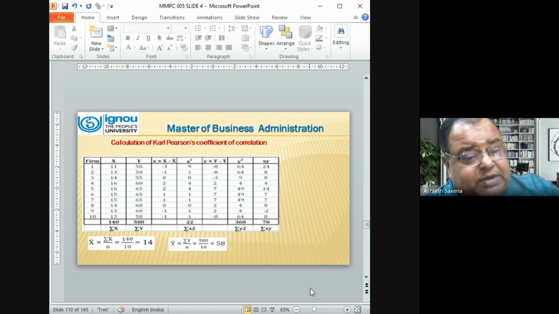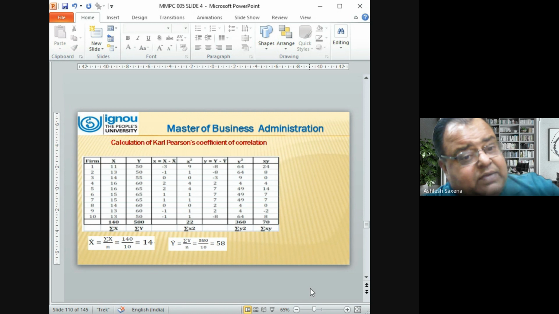X bar is summation of X divided by N. Summation of X is 140, that means you add all the values of X, and the number of terms is 10. That means 140 divided by 10, which comes out to be 40. This is for X bar. Similarly, you have to do it for Y bar. Y bar is summation Y upon N. Summation Y is 580, and the number of terms is 10, so Y bar is 580 divided by 10, which is 58.